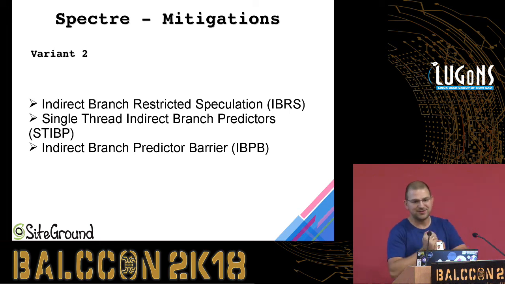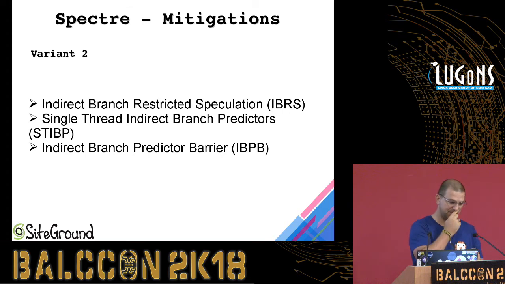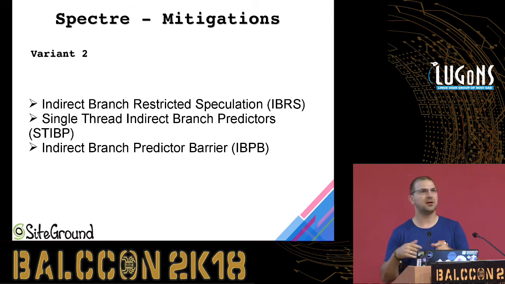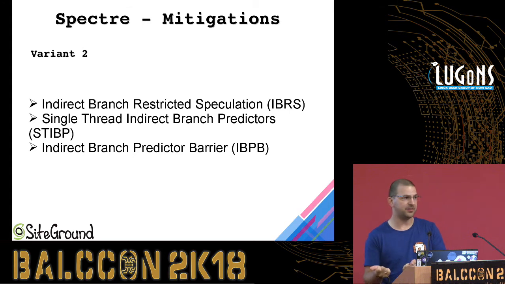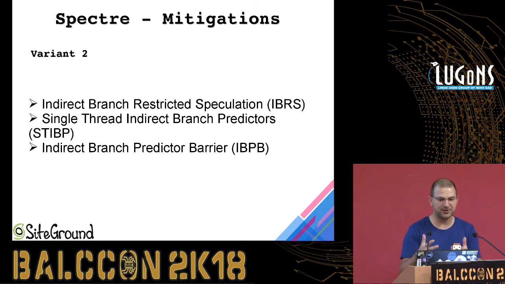Indirect branch restricted speculation. What this means is that if you have speculative execution, it would be restricted within the same core. So it can be used on a hyperthread. A hyperthread can be used to mispredict something. The predictions would be limited only to the same core, but will be shared between threads and hyperthreads.